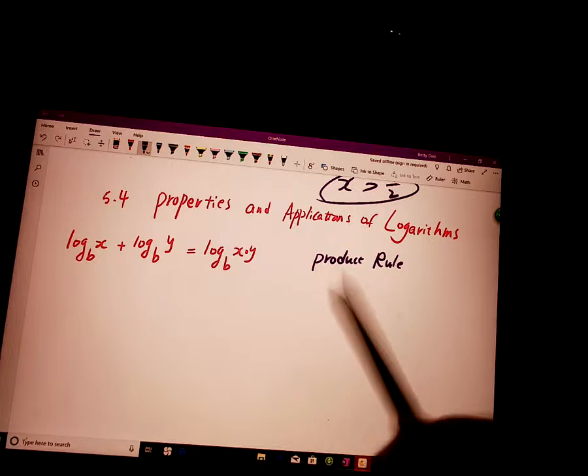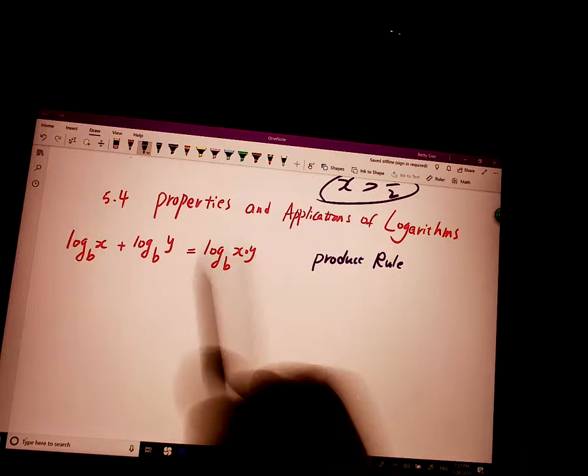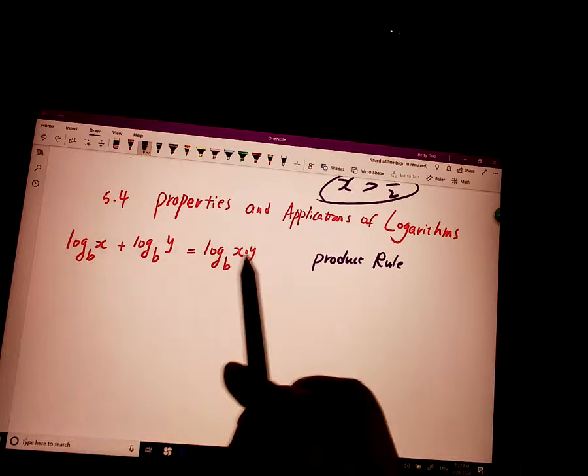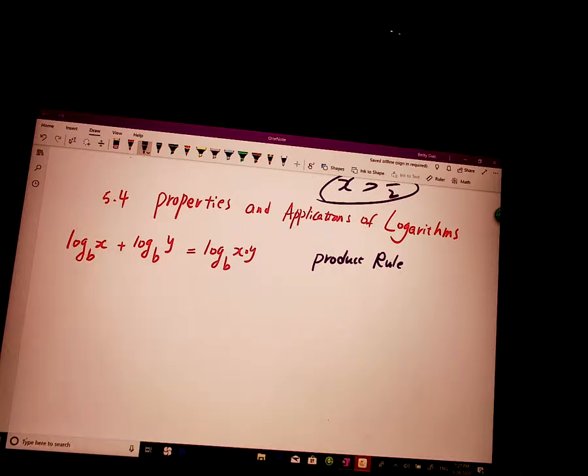I think the rule is called the product rule because the anti of the sum happens to be the product of the anti of the first logarithm and the anti of the second logarithm.